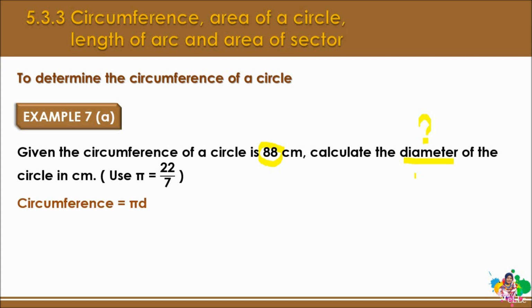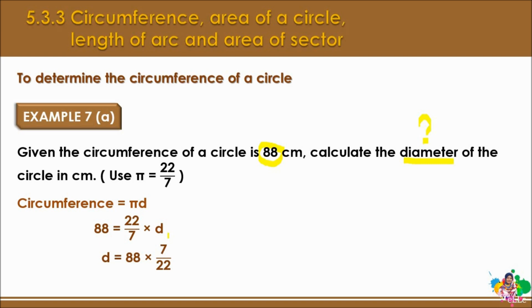You have to use the formula circumference equals pi d. Then you substitute this value 88 and substitute the value pi 22/7. So the circumference 88 equals 22/7 times diameter.